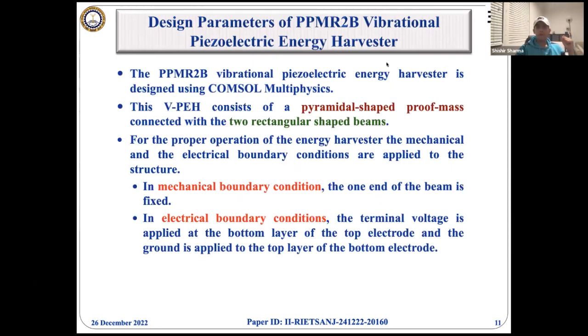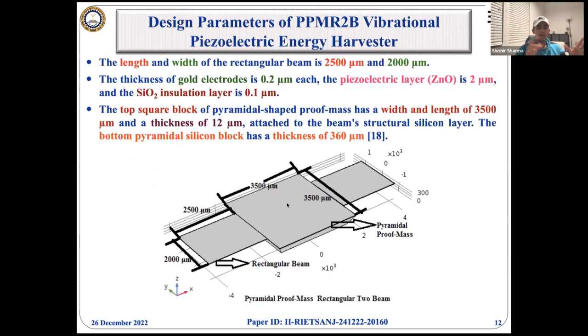Now, for a vibrational piezoelectric energy harvester, as I described, we used a pyramidal shaped proof mass with 2 rectangular shaped beams, and we tried to use both mechanical boundary condition and electrical boundary condition, the thing that I described in the beginning, where you can apply force and generate potential, or you can apply potential to generate some stress.